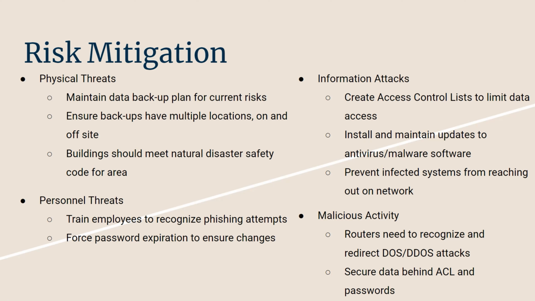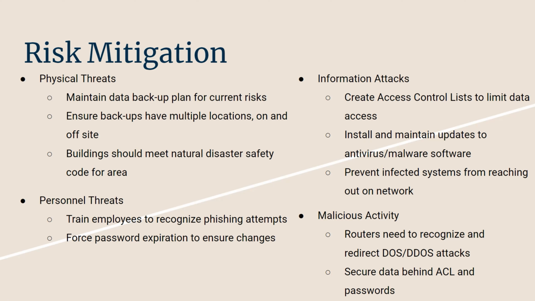For information attacks, to prevent unregistered access, use access control lists, encrypted files, ensure that antivirus and malware software are up to date and active, and limiting, if a system does get infected, then you cut that system off as fast as you can so it can't reach out.